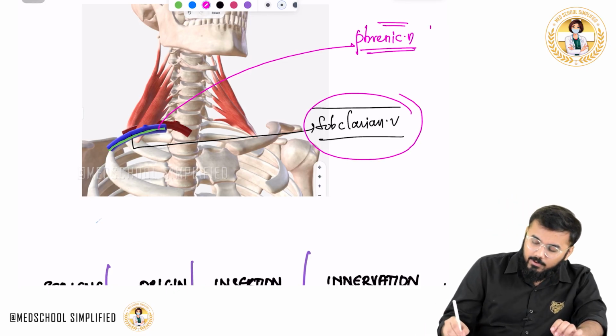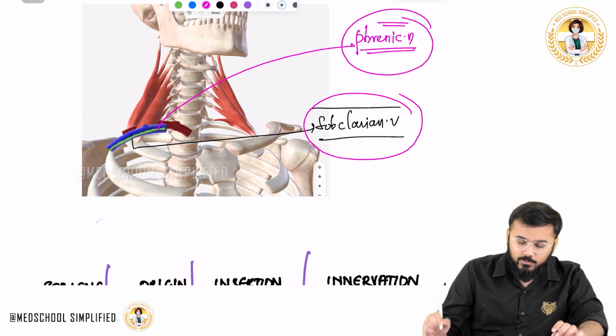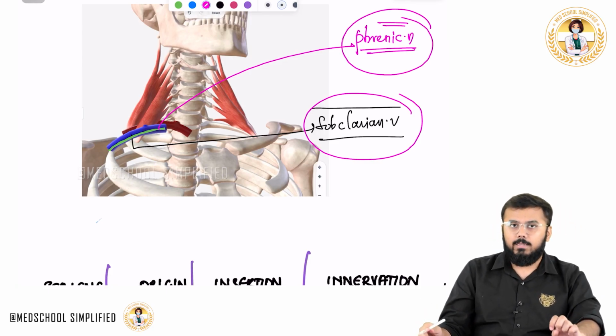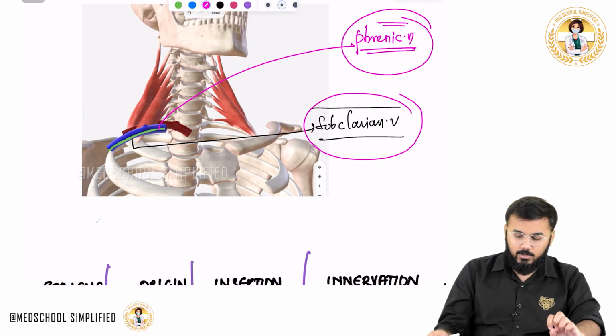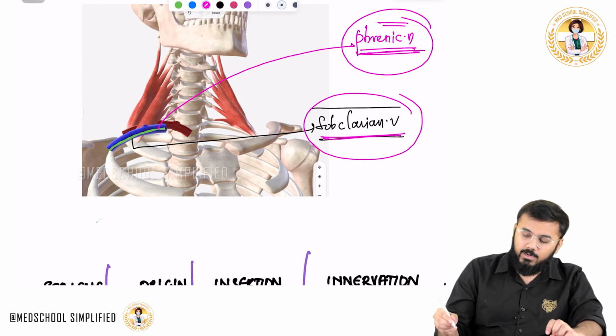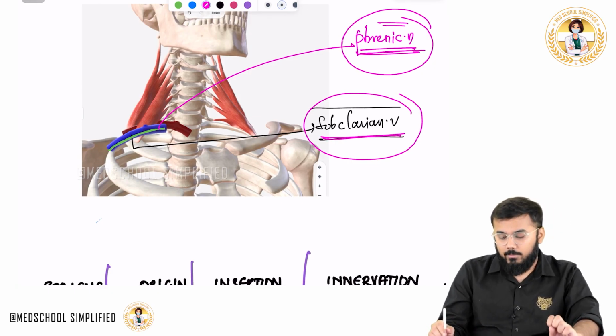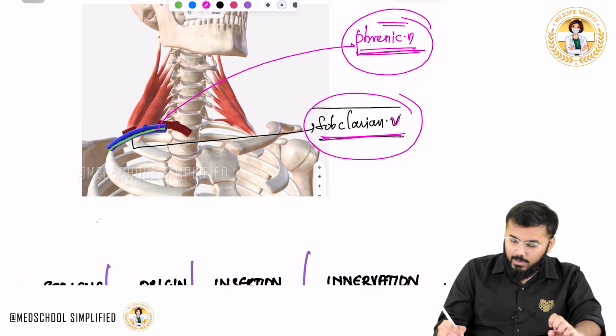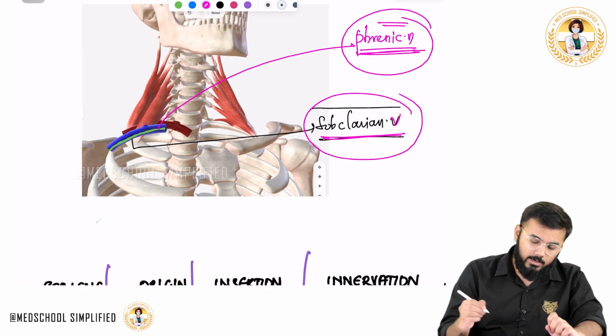Okay, so subclavian vein and phrenic nerve, both of them are located in front of your anterior scalene muscle.